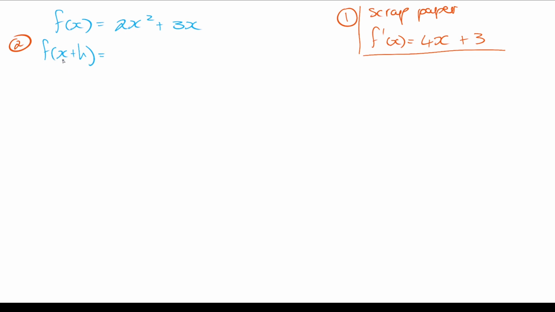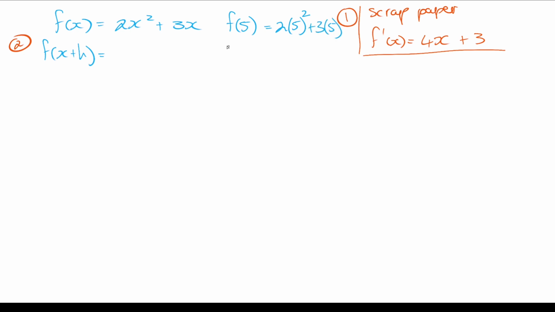Now, let's just take a moment away from this question and talk about what this means. If I have an equation, f of x equals all of this rubbish, then if they say f of 5, what they want us to do is substitute 5 into all the spaces where x used to be. So what I would get is this squared plus 3 times 5.